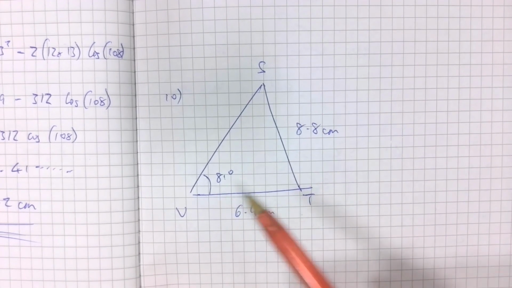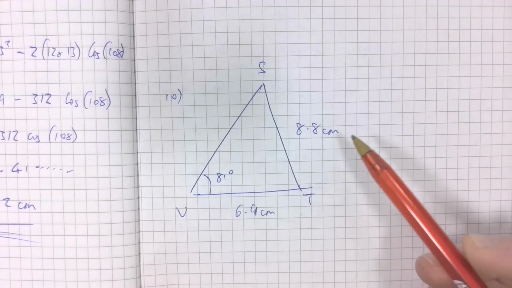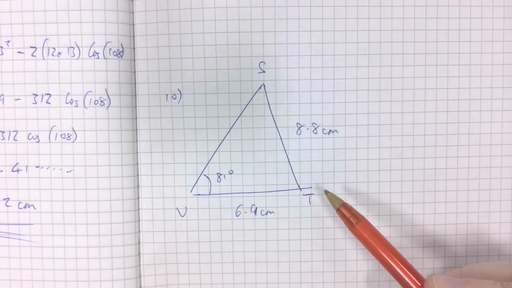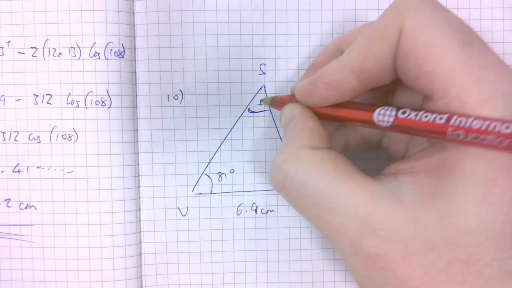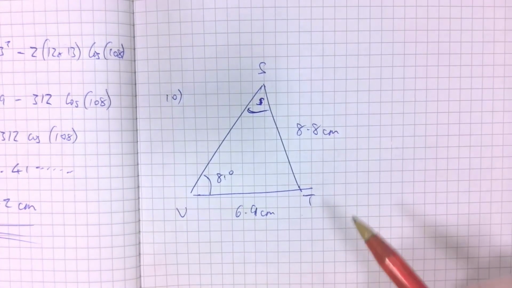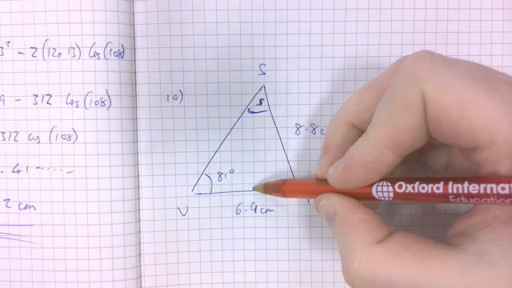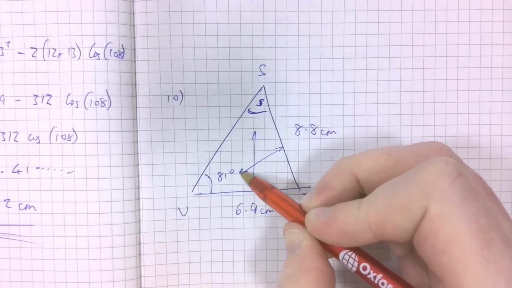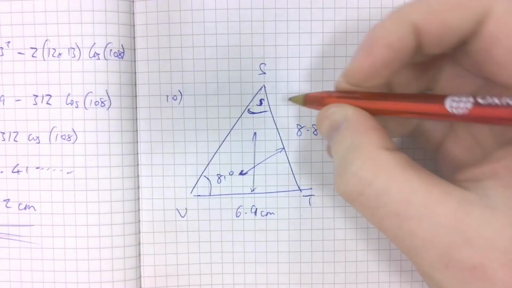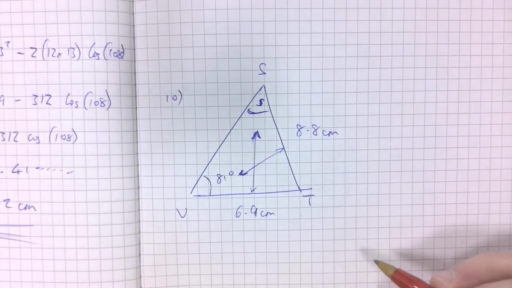Okay, I've got a triangle here. I'm looking for, oh, what am I looking for? Angle S, this angle here. Let me mark that on. And you'll notice that I've got 2 pairs of opposite side lengths and opposite angles. All right? Which means it's the sine rule.